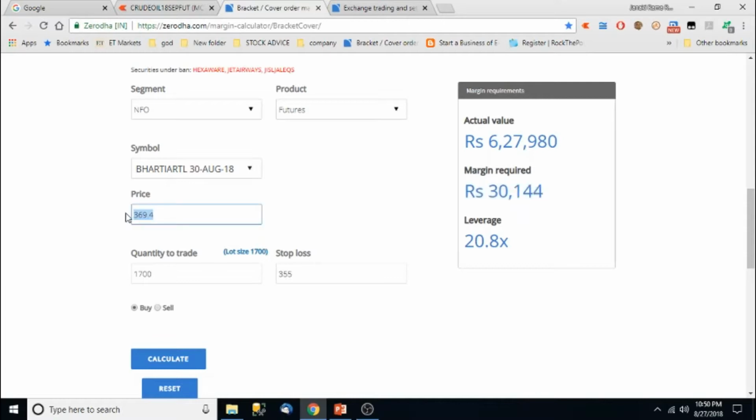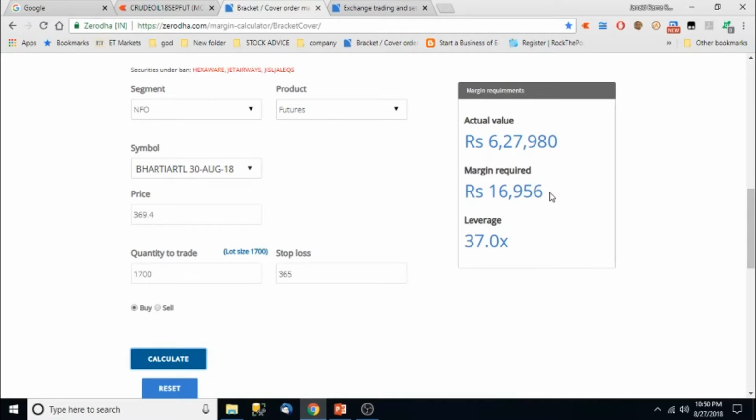The current price is 369 rupees 40 paise, and if we keep the stop loss at 355, we are paying 30,000 for getting 1700 rupees' worth of stock. But let's take it near the stop loss of 365 and calculate it.